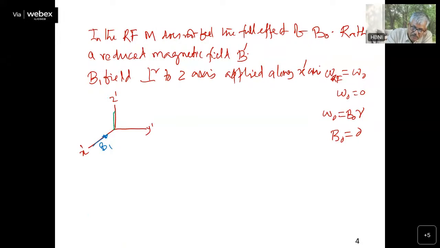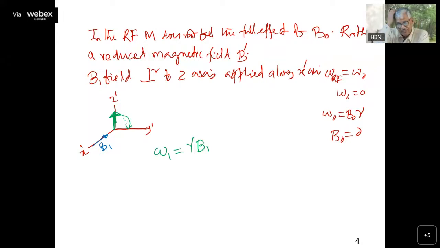It was here. So now what will it do? It will start precessing in this direction because of the B1 field. And what will be that frequency? Under the condition when B0 is equal to 0, under the exact resonance condition, you will see that this is rotating. Clear?